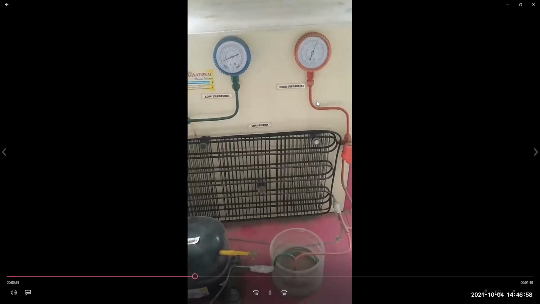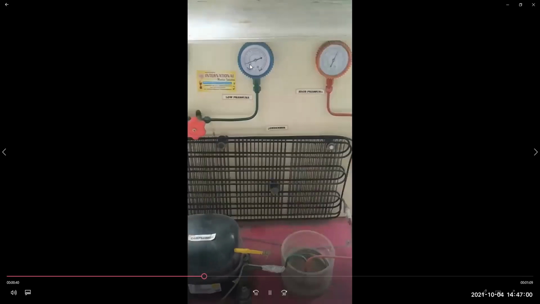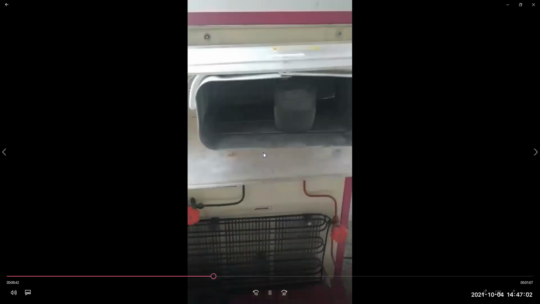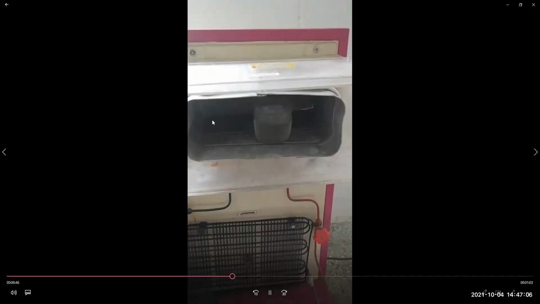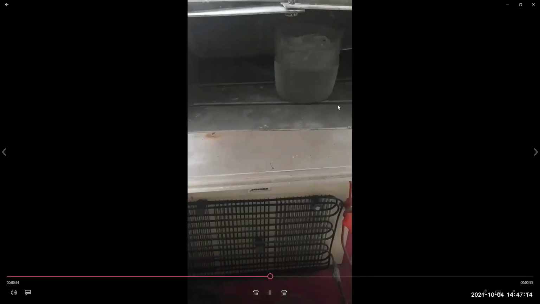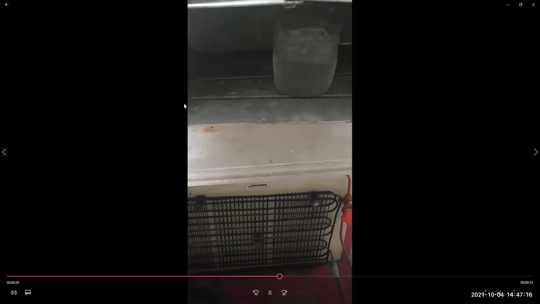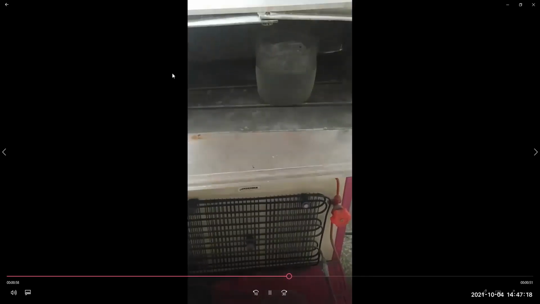High pressure is the red gauge and green is the low pressure. In front of us is the evaporator of the system, which is inside a glass casing, and inside we can see the tubes carrying the refrigerant.